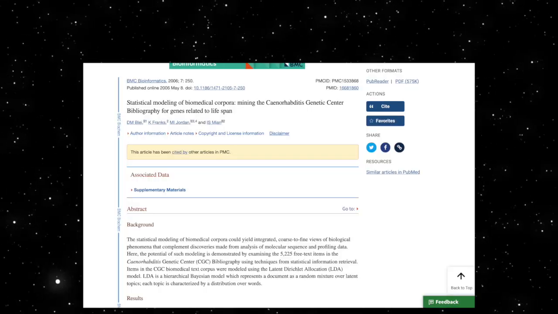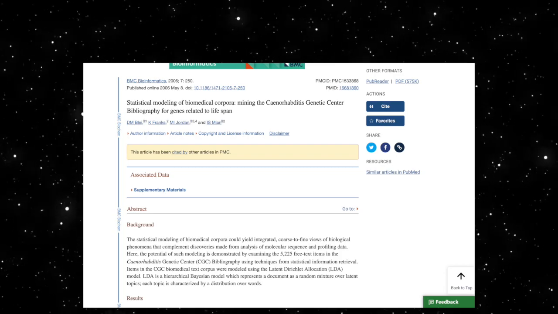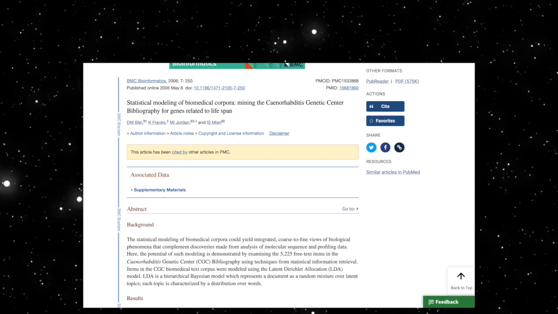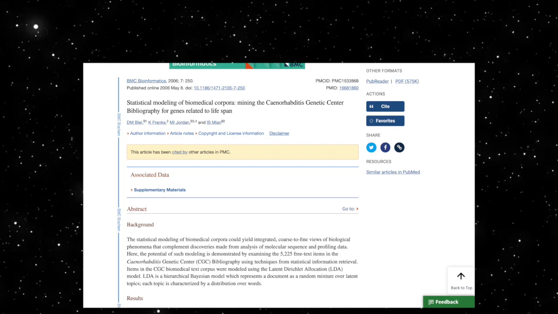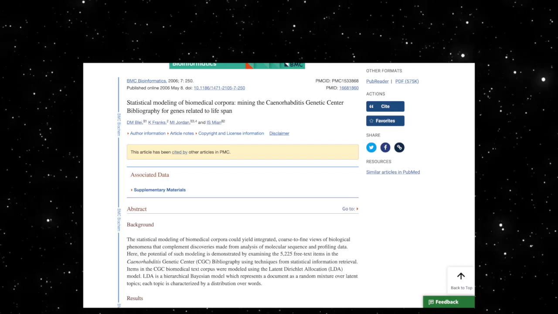Another medical publication here is from the National Library of Medicine, which is the world's largest biomedical library and a leader in research of things like genetic sciences and computational health data.